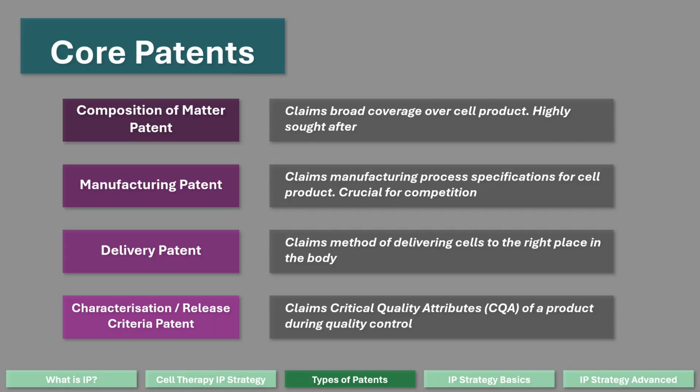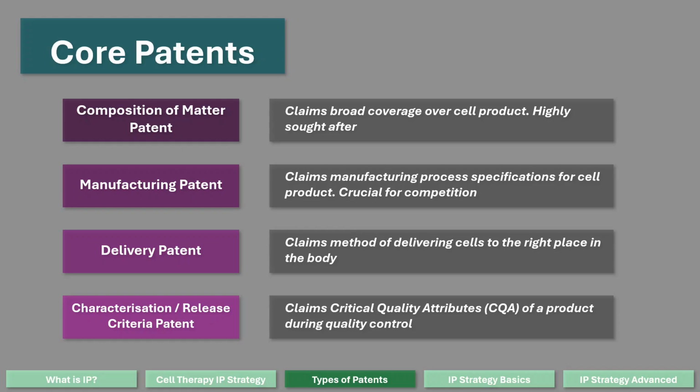A composition of matter patent is the number one asset a biotechnology company strives to acquire. It refers to a type of language written in a patent that implies a broad coverage over the cell product, regardless of how it is made or used.